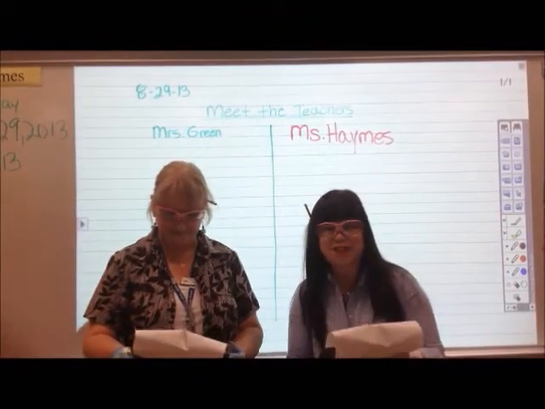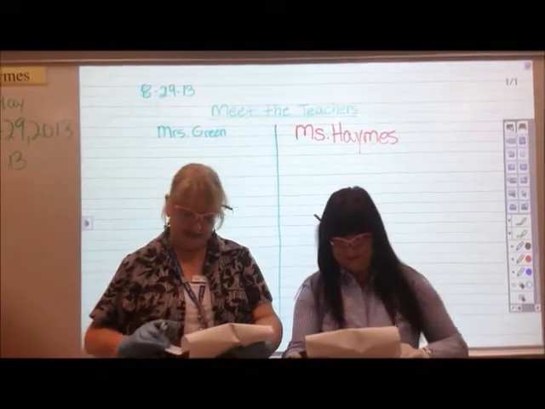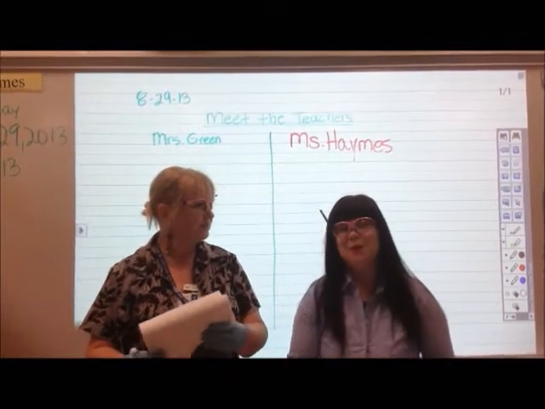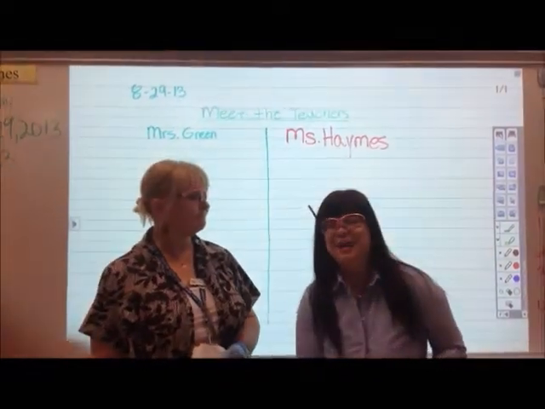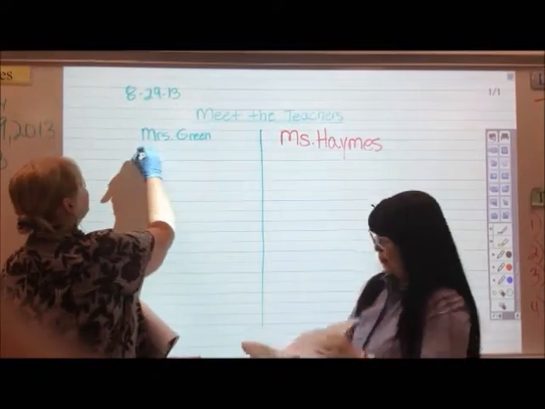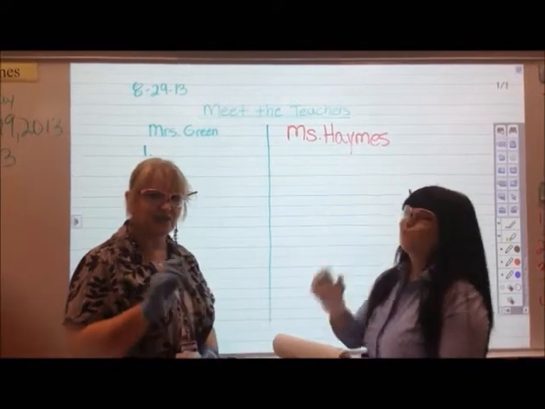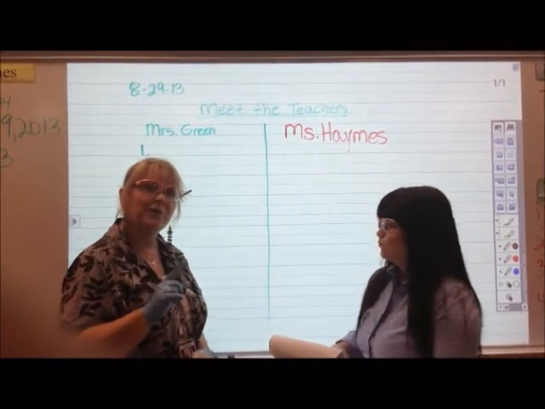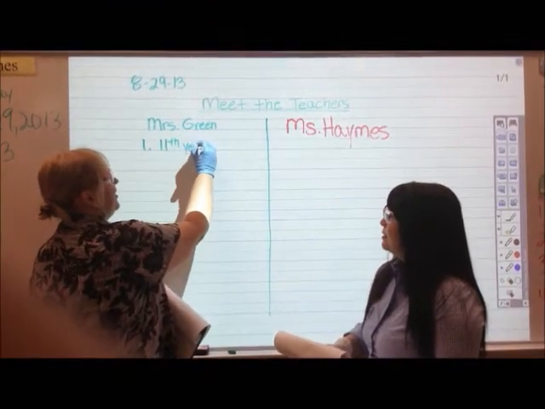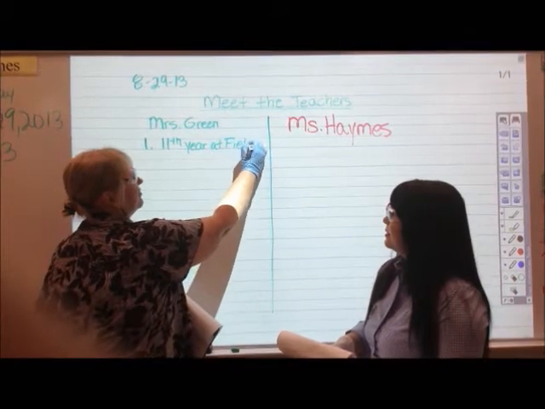Okay, let's get some information going. Let's start simple. Mrs. Green, how many years have you been teaching here at Vivian Field? Well, Miss Haynes, I am starting my 11th wonderful year here at Vivian Field Middle School. When you take notes, you don't have to write everything down, just the most important parts. So I'm going to write 11th year at Field.